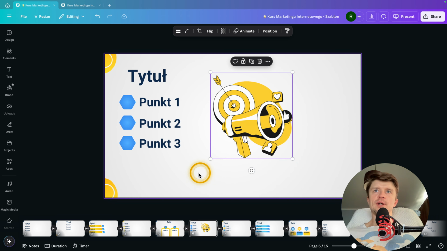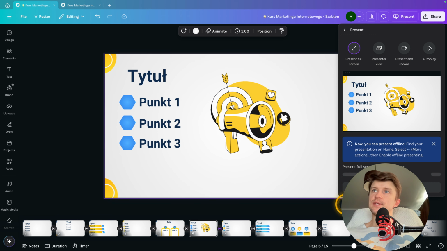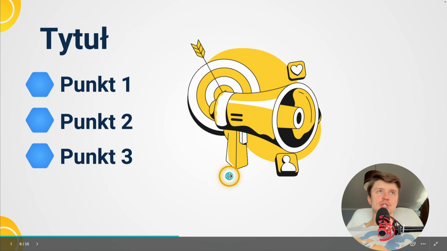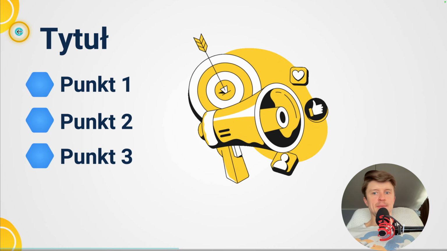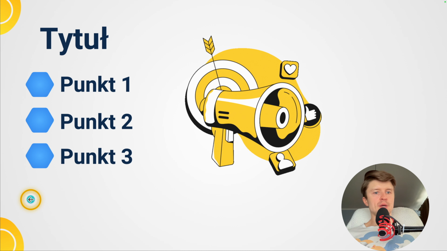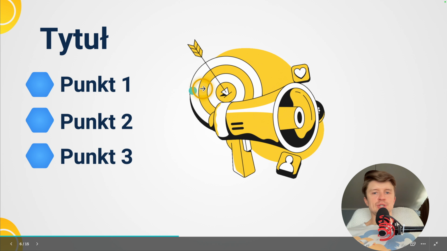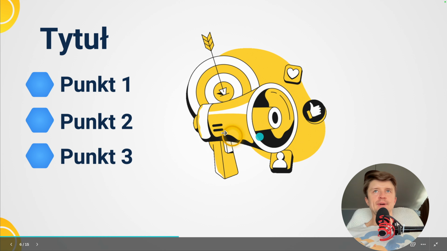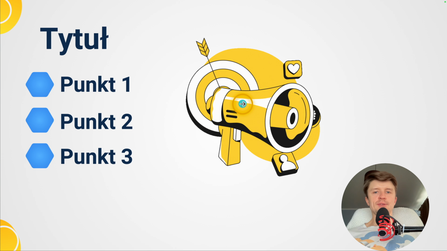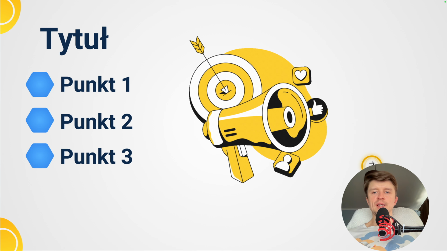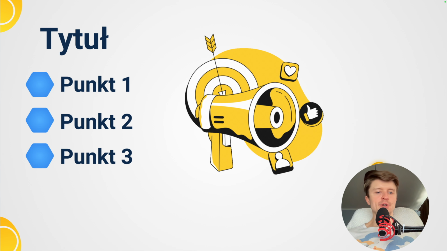All right, and now we are just going to present it one more time. So check this out. Now you have these dynamic elements over here. You have transitions, and you have a dynamic element over here, like an animation. Plus you have the HeyGen thing over here.